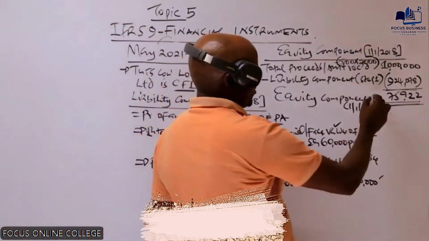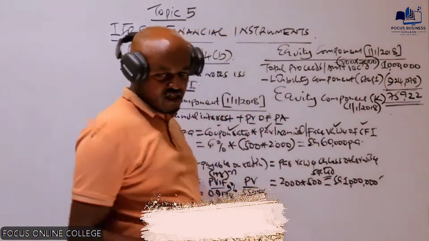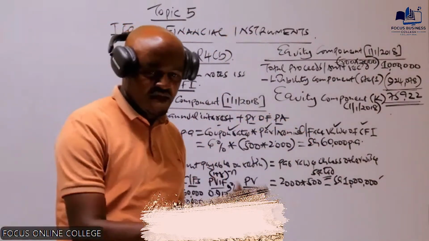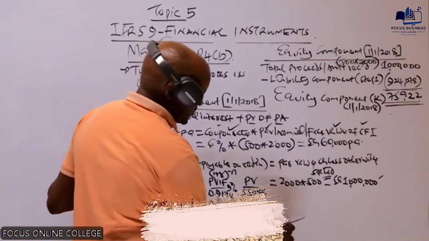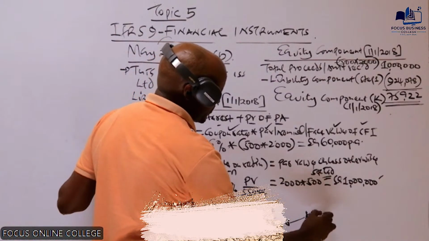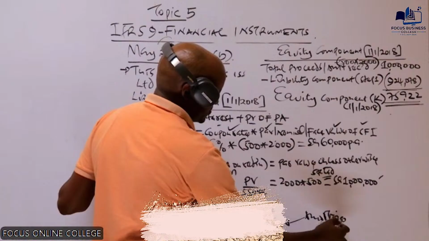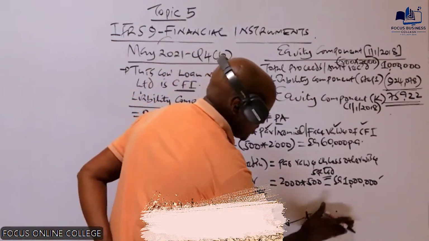If you can recall, we said the value for this equity component will not change in year 1, year 2, year 3. That value does not change. But this one, the liability component, we have said we must amortize it.